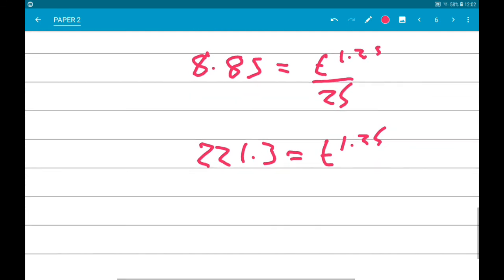Okay, one more time, take the 1.25th root of both sides, and we get t is 75.2 years.